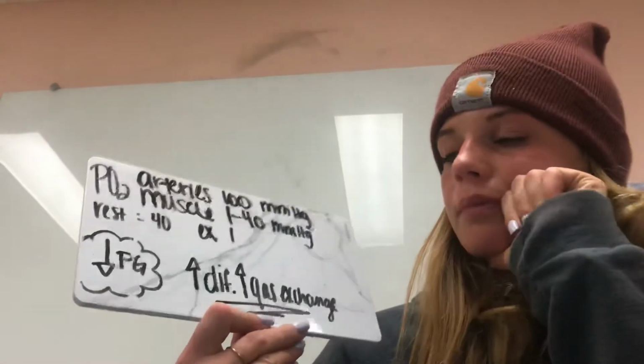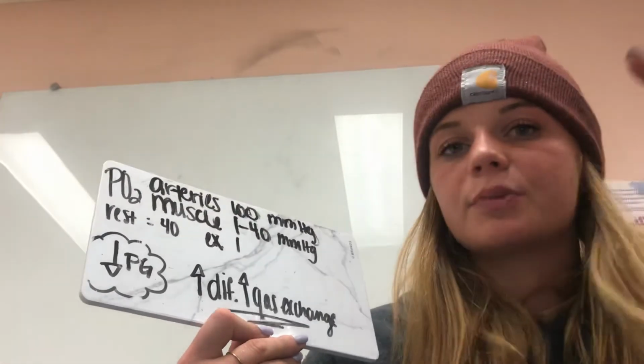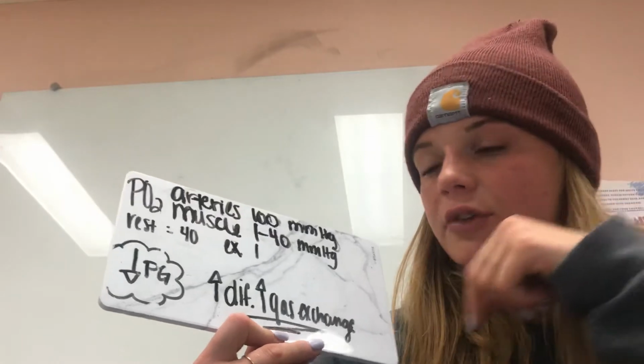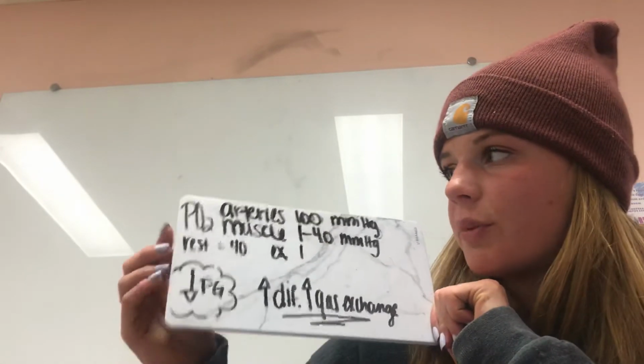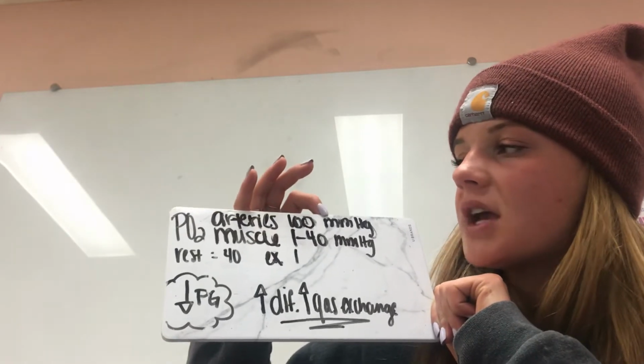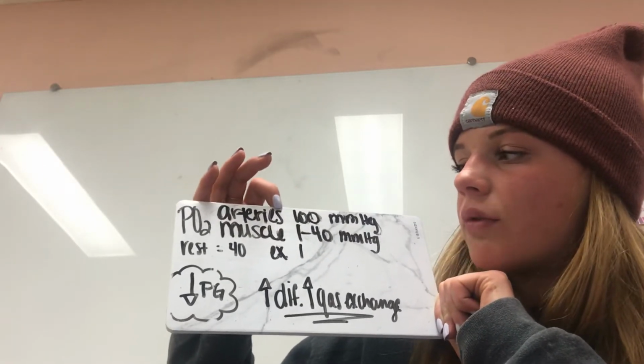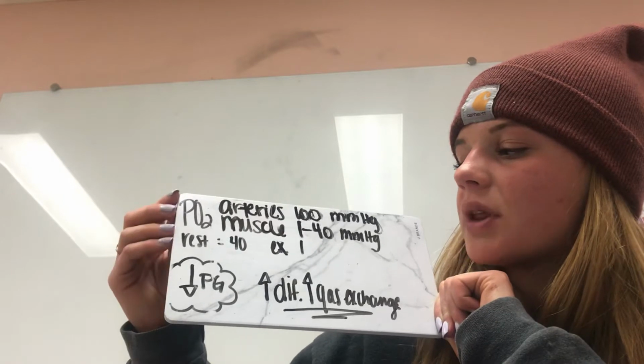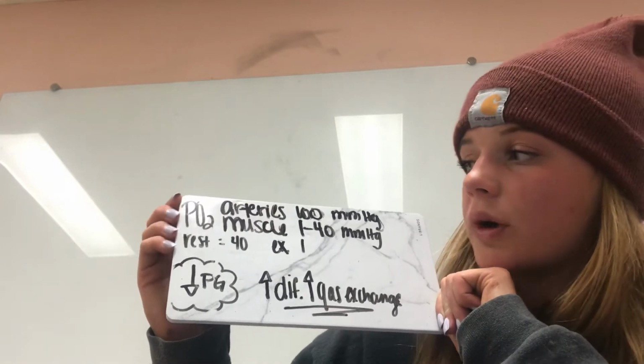As you know, you have oxygen in your arteries trying to get to your muscles. You want the oxygen traveling down your pressure gradient, and your pressure gradient is going to be arteries to muscles, because you're going to have 100 millimeters of mercury in your arteries and 1 to 40 millimeters of mercury in your muscles.